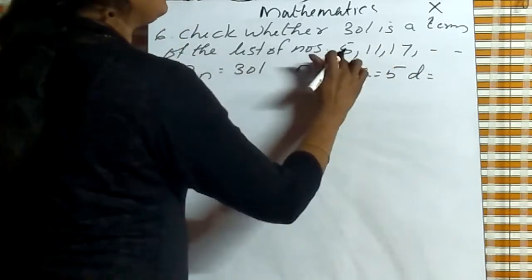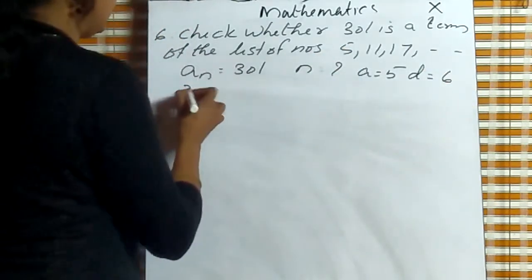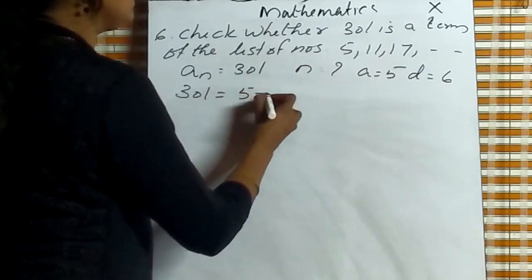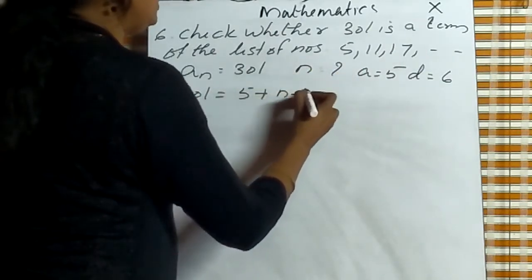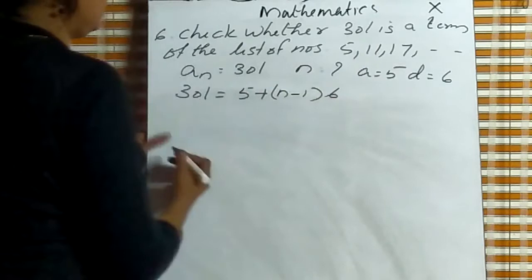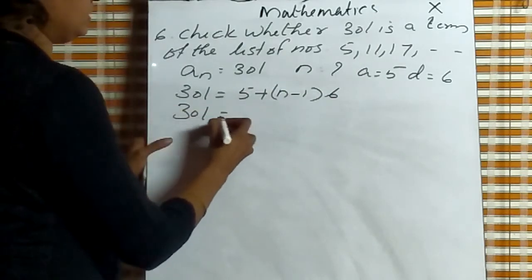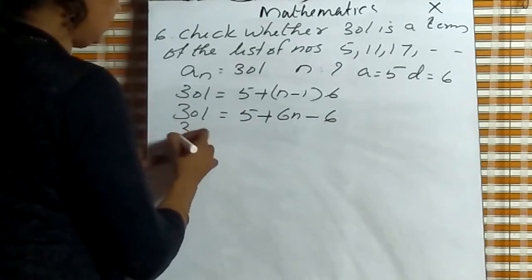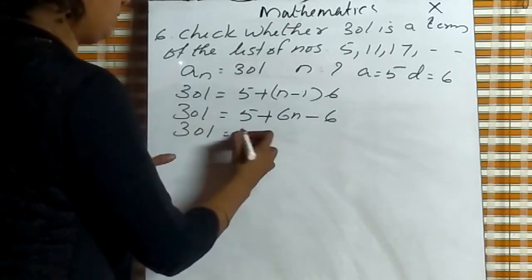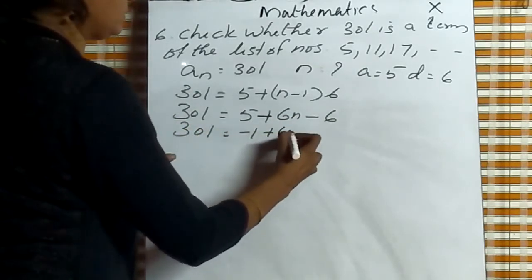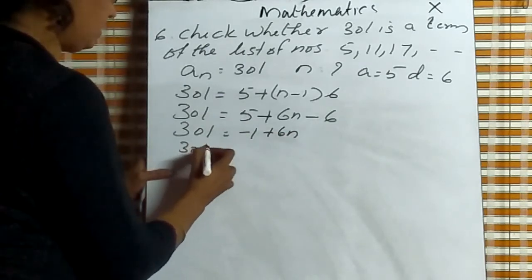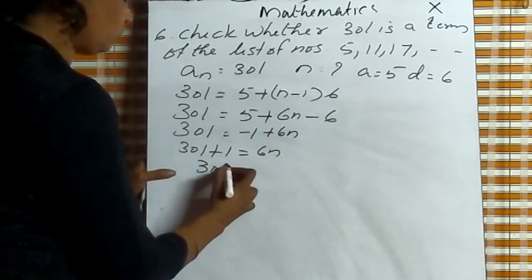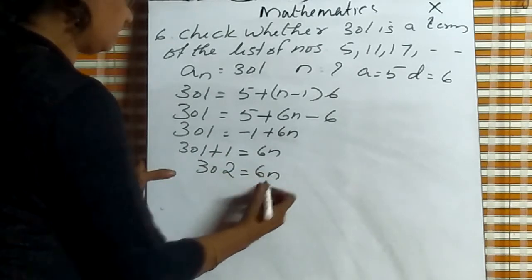What is D? 11 minus 5, 6. 301 is equal to 5 plus n minus 1 into 6. 301 is equal to 5 plus 6n minus 6. 301 plus 1 is equal to 6n. 302 is equal to 6n.